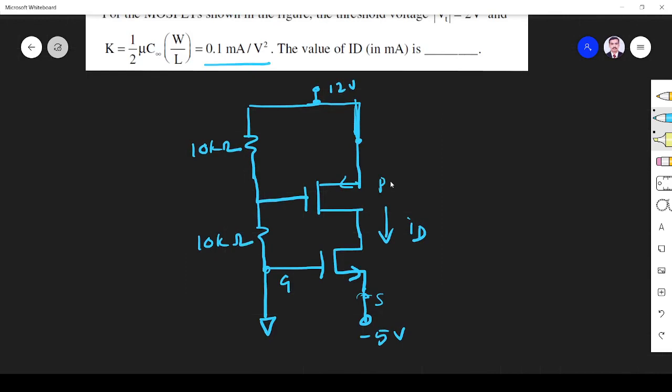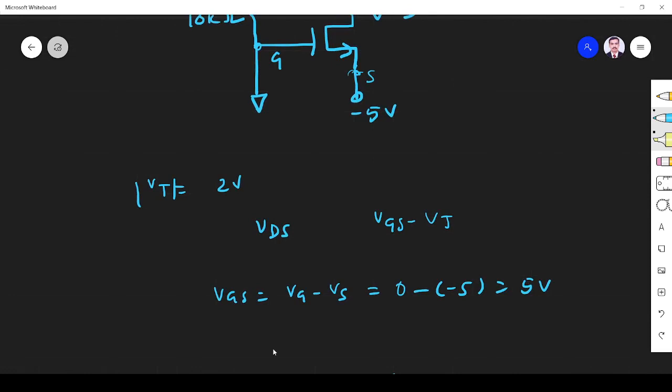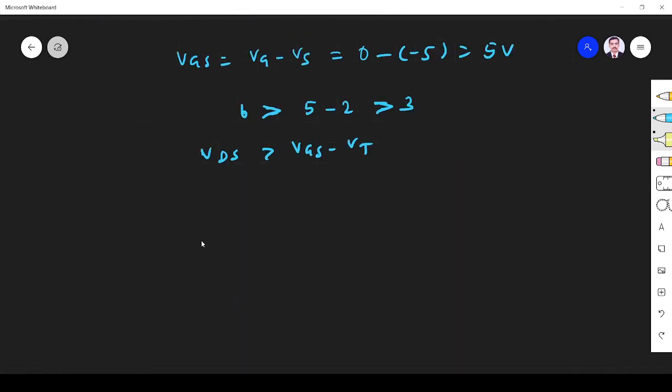This is a PMOS, with the source and this drain. So the voltage across this will surely be greater than 3. So 5 minus 2 is 3, VGS is 5, VT is 2, and VDS is greater than 3 volt. So what is ID?